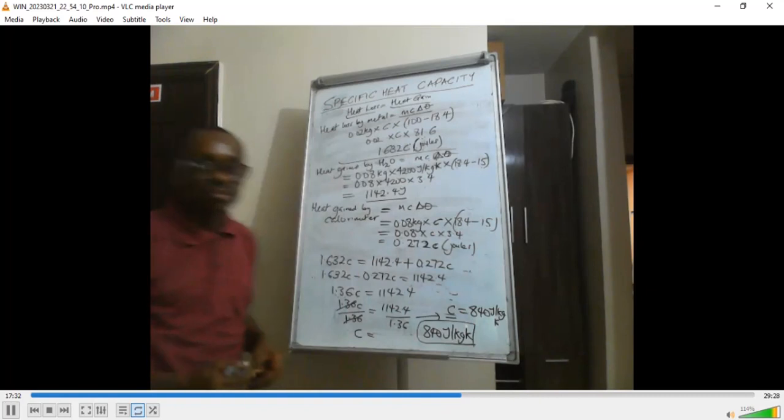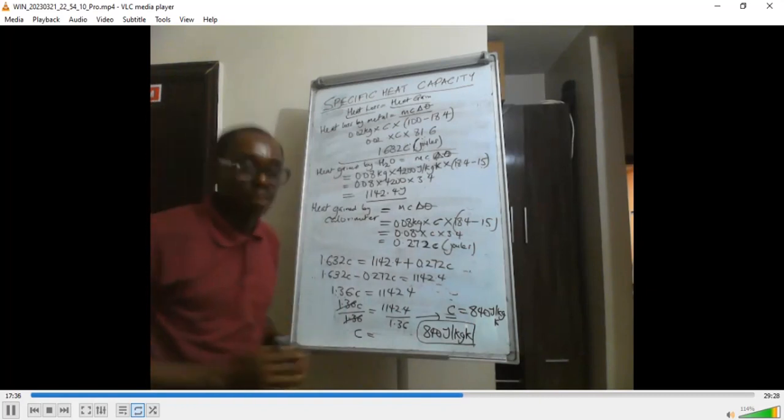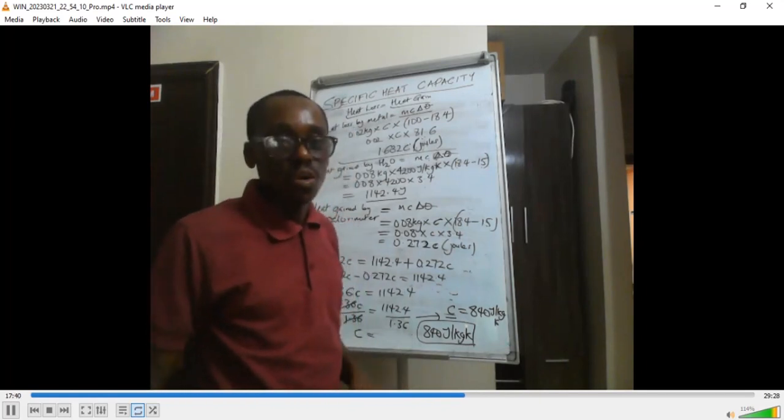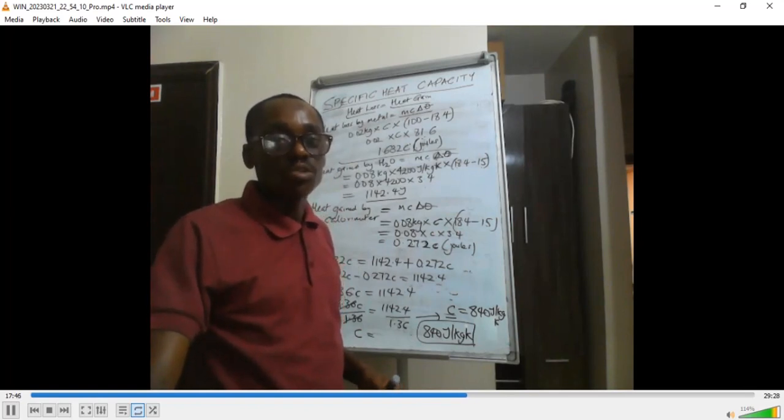This is the value for the specific heat capacity of that metal. So I hope this is understood. We're going to move on to the next question.